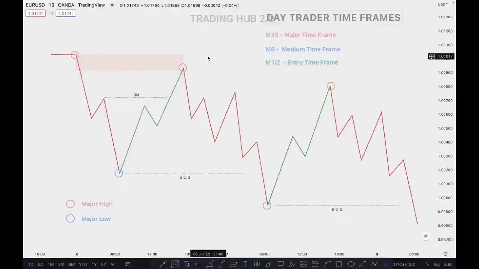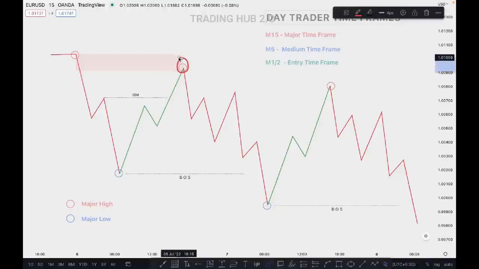Same thing is here, but this happens only in the higher time frame, not in the 1 minute. When the market taps on the supply zone, then you have to switch to the M1 time frame, which is here at this point. Correct. And you don't need to focus on the 5 minute at this point, and not the seconds time frame either.